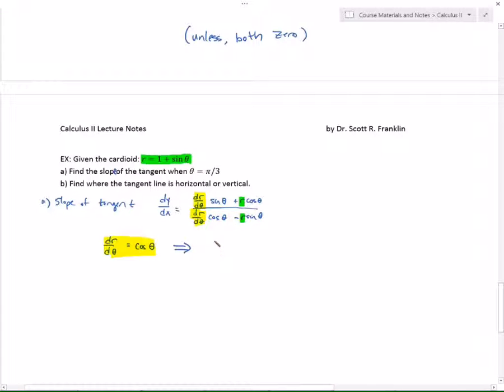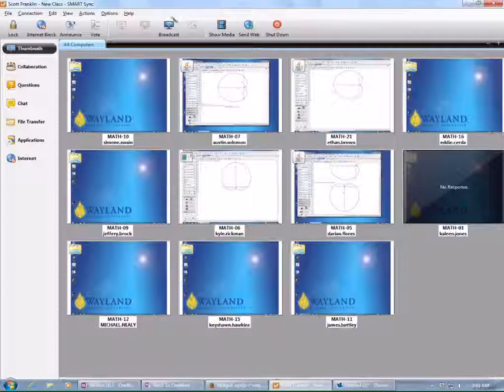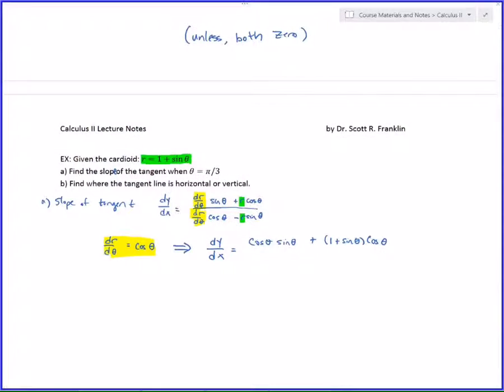So all together we have dy dx would be cosine of theta sine of theta plus 1 plus sine theta cosine theta, all divided by dr d theta, which is cosine of theta times cosine of theta gives me cosine squared of theta, minus 1 plus sine theta sine theta.